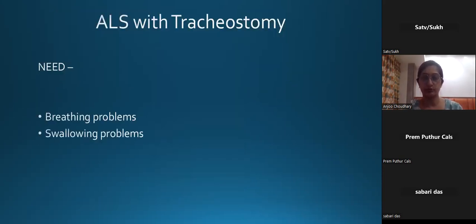Now, we talk on ALS with tracheostomy. When do these ALS patients, the community that you have formed, when do they need tracheostomy? Especially when they start showing breathing problems or swallowing problems. This can be connected, as they might be starting to develop some lung muscle weakness, which shows as difficulty in breathing, where we need some kind of support to be given to the patients.